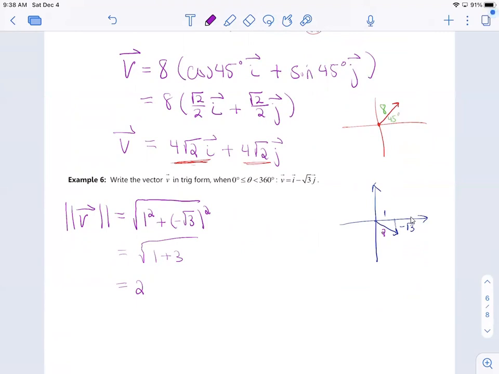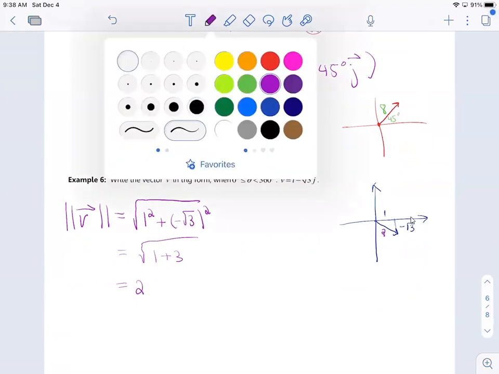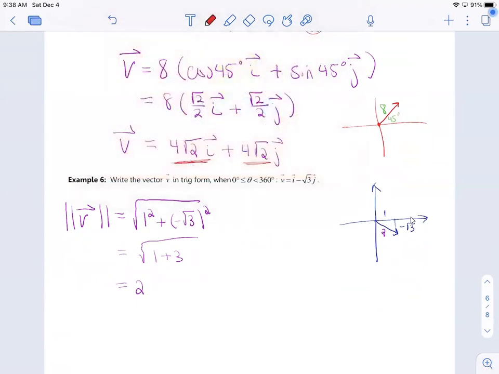Well, now it's so nice because it's so similar to previous lessons. Now we got to find that direction. Well, just like previous lessons, I'm going to use inverse tangent. I could use cosine or inverse sine, but in case I got that too wrong.